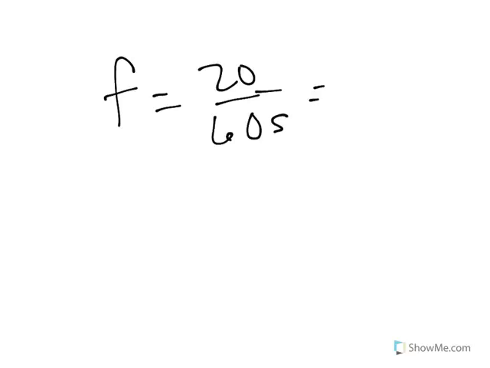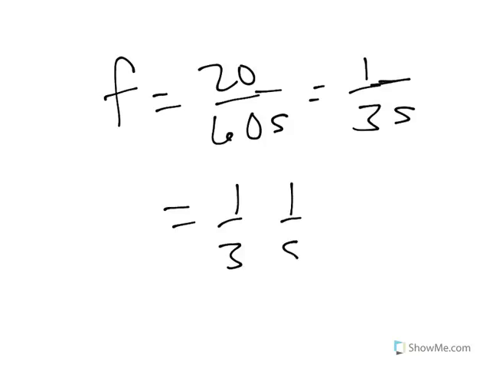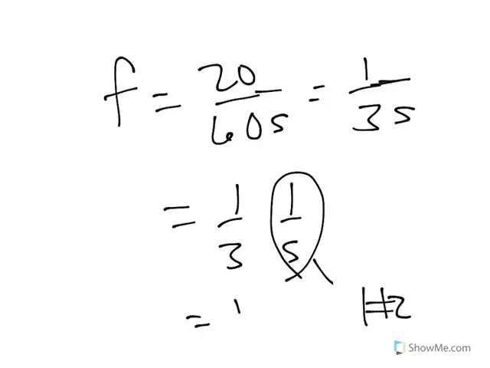So if we go to the next page, what we see is frequency is equal to 20 over 60 seconds, which is equal to 1/3 over a second. And this is equal to 1/3, and the unit is 1 over seconds, and that special unit of 1 over seconds is called a hertz. Hz. So the frequency is 1/3 of a hertz.